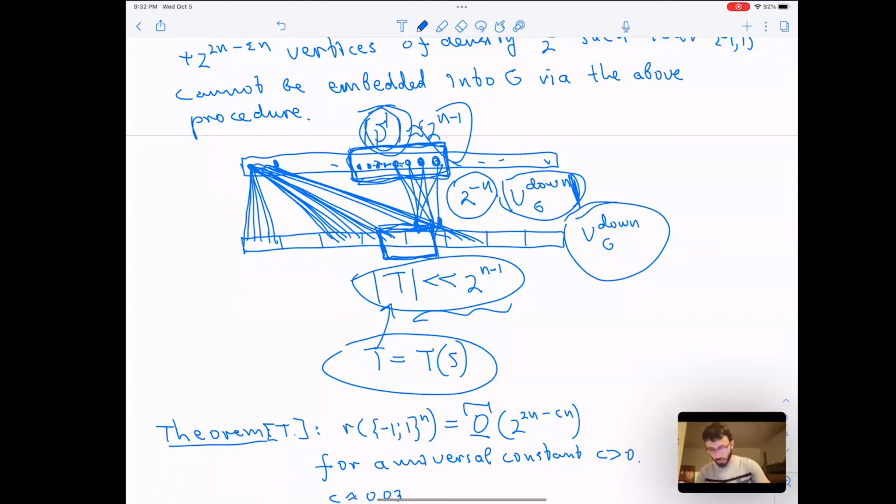So if this set by our construction has cardinality 2 to the 2n minus cn, then we have an additional 2 to the minus n. The set of common neighbors for a typical n-tuple of vertices in S will have size 2 to the n minus cn, much smaller than the size of the vertex set of the hypercube.